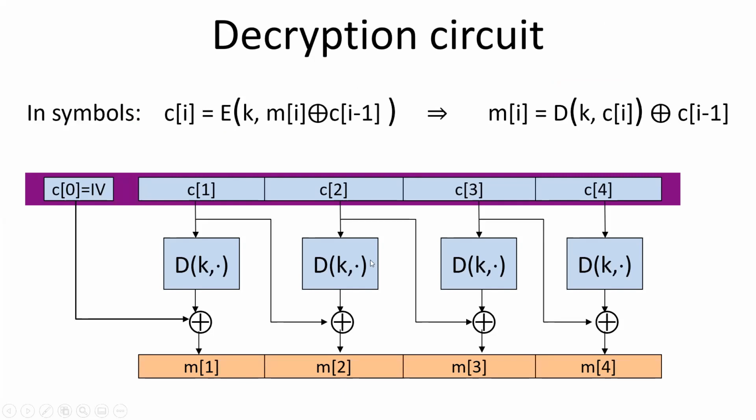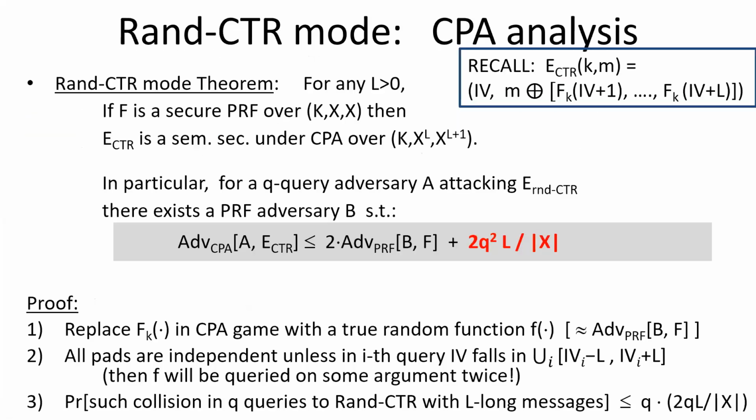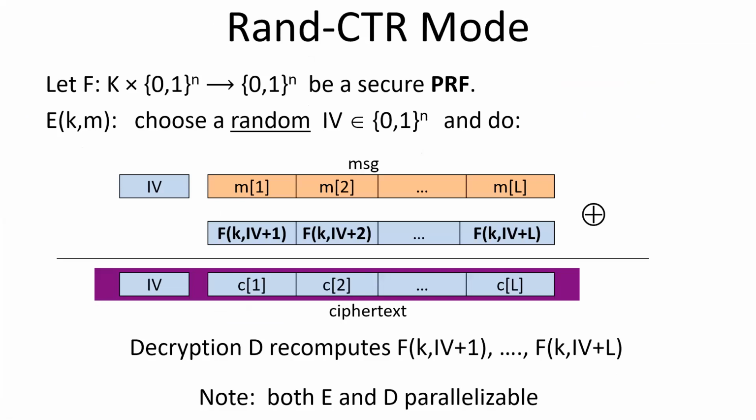So this is the circuitry. And note that now I really need this to be a PRP, not just a PRF. In the analysis of the earlier mode, it was convenient to assume F is a PRF, because if it were a PRP I would have to deal with collisions in these outputs. Thinking of it as a PRF allows me not to think about these possibilities.